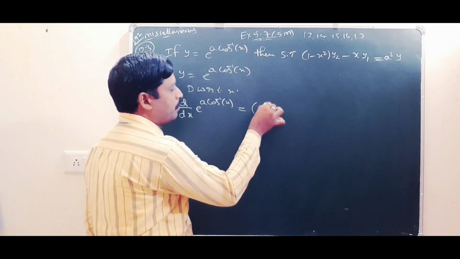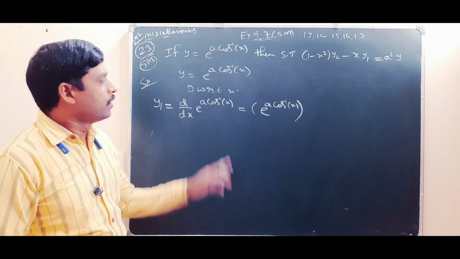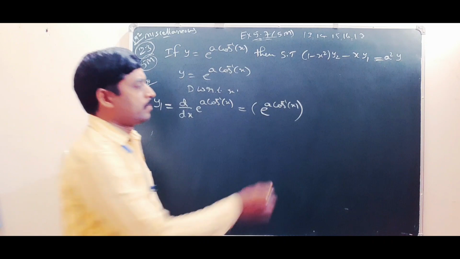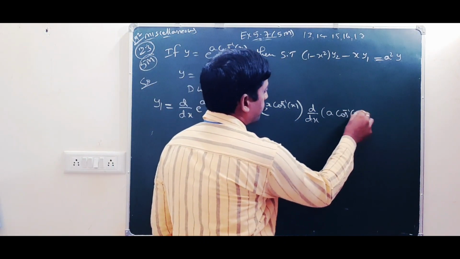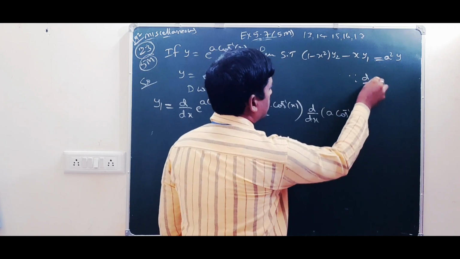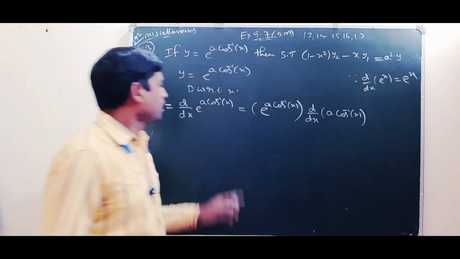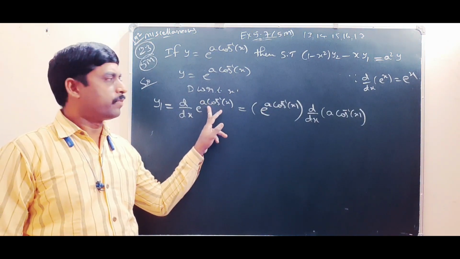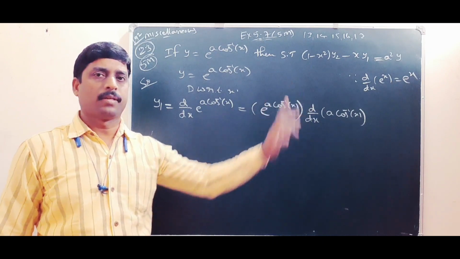It will be e to the power a cos inverse x into d by dx of a cos inverse x by using chain rule. We have differentiation of e to the power x is e to the power x.